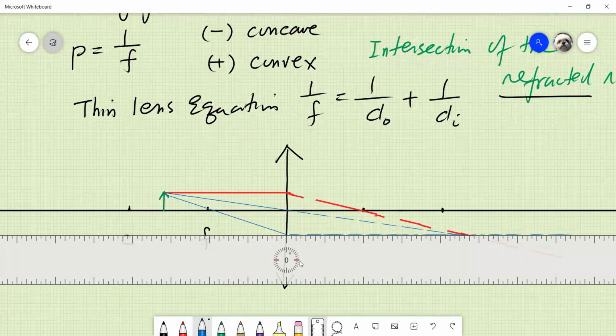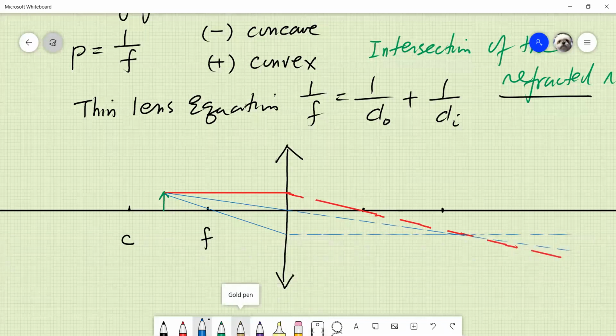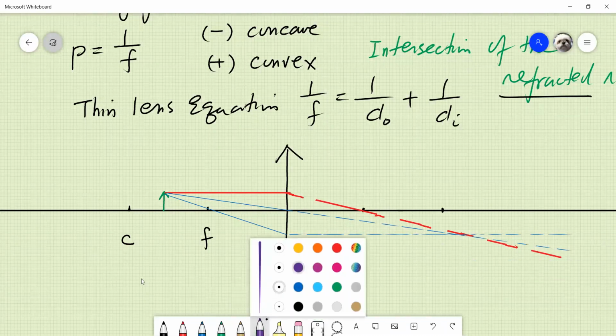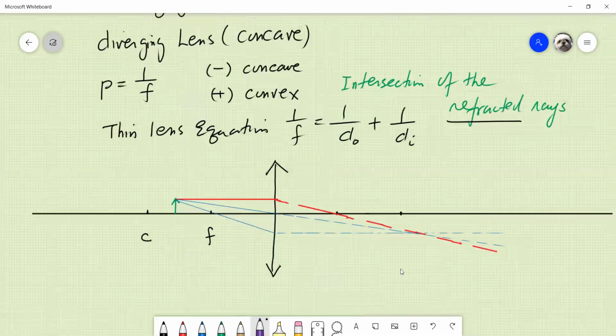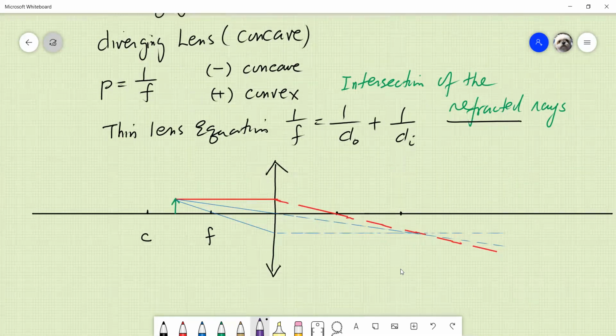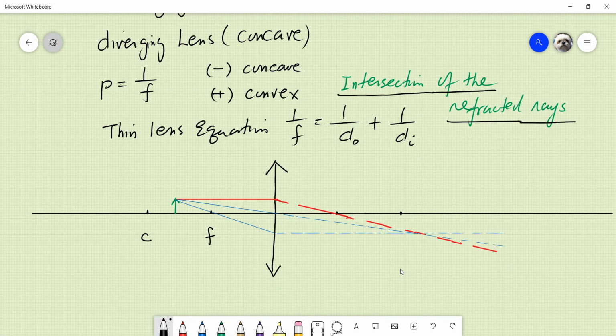Now, what happened? You see that? So where's the location of the image? To the right. It's gonna be the intersection, right? Remember the key word here is the intersection of the refracted waves, right? So it's gonna be here.